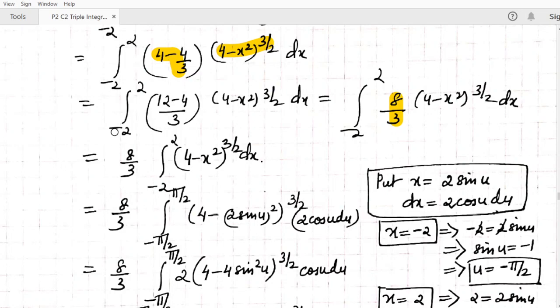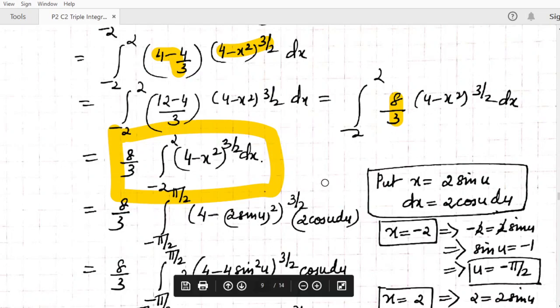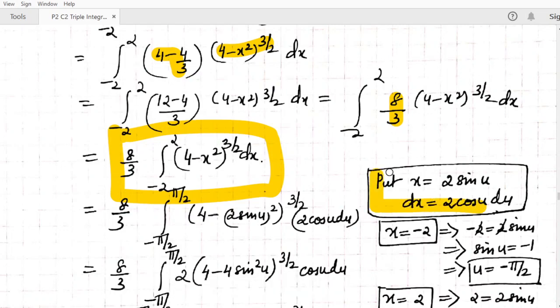So this is a very crucial step. First we have to get this form, and after this, from here we are having another method. We cannot evaluate this directly, so we are using a particular substitution. So dear friends, please remember that to do the remaining steps, you have to study this step very well.